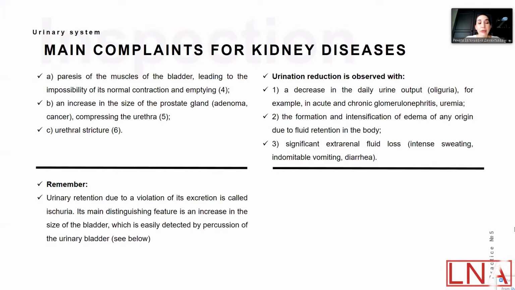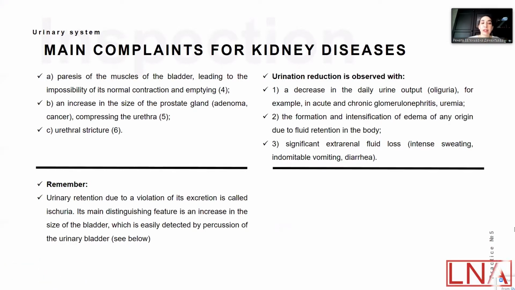Remember that urination reduction is observed with a decrease in the daily urine output, or oliguria, for example, in acute and chronic glomerulonephritis or uremia, the formation and intensification of edema of any origin due to fluid retention in the body, and significant extrarenal fluid loss, intense sweating, indomitable vomiting, and diarrhea.